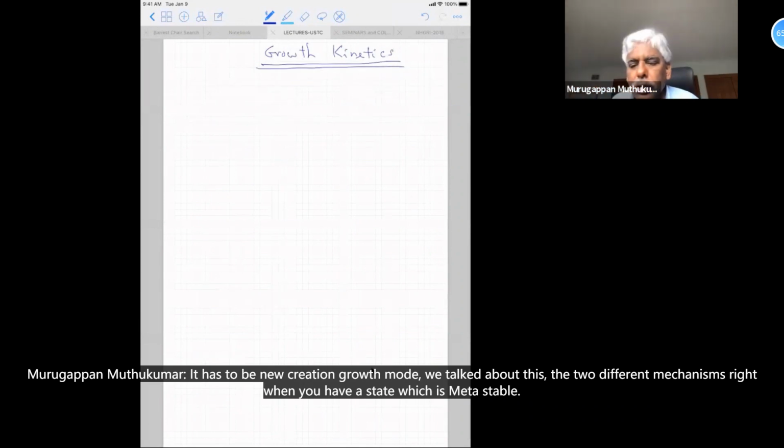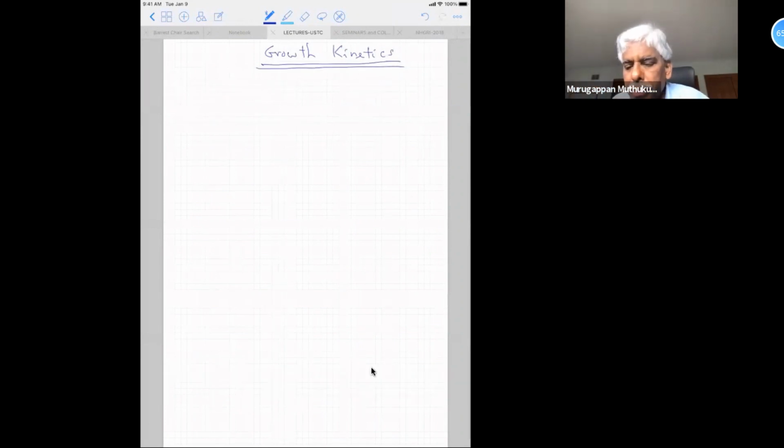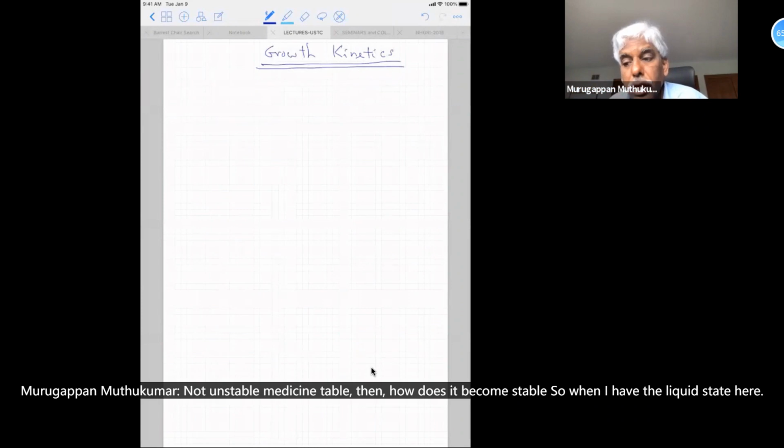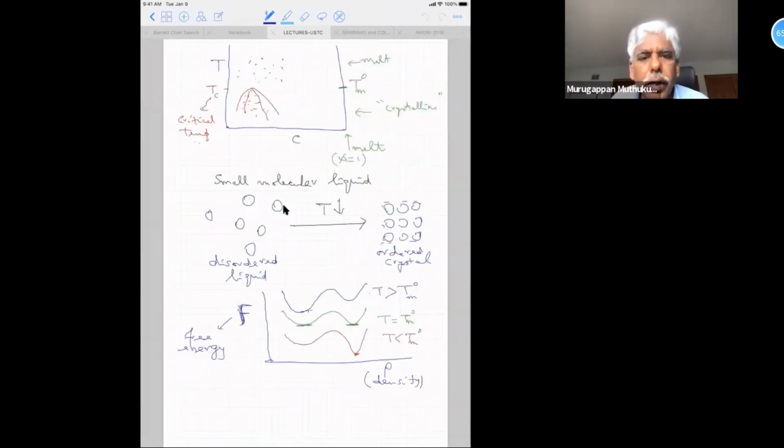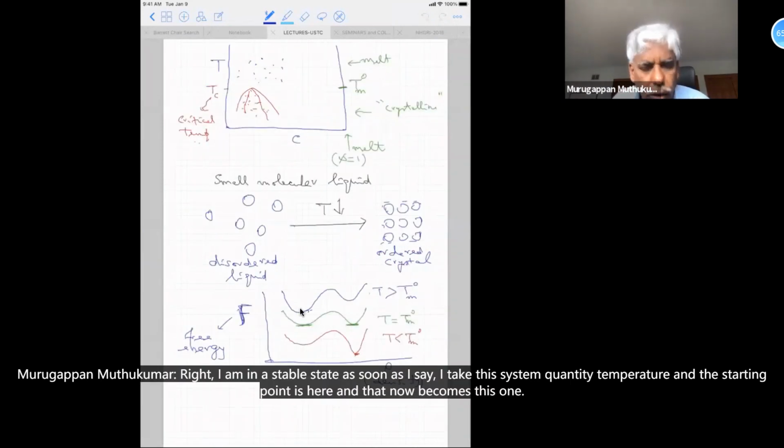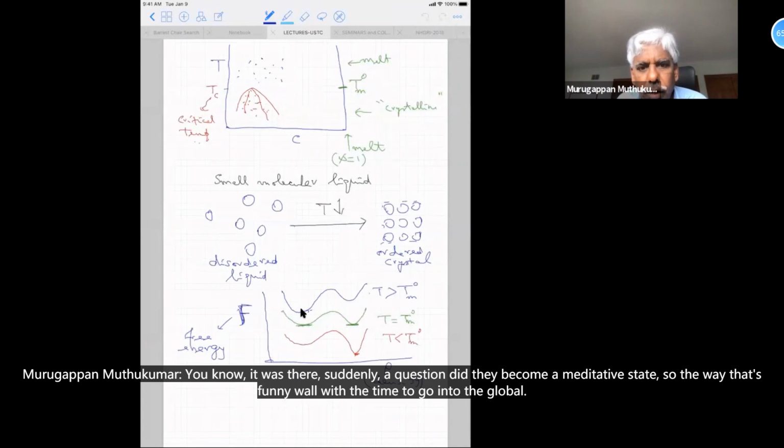When you have a state which is metastable, not unstable, metastable, then how does it become stable? When I have the liquid state here, I am in a metastable state. As soon as I take this system and quench the temperature, the starting point is here, and that now becomes this one. I was there, suddenly I quenched, it becomes a metastable state.